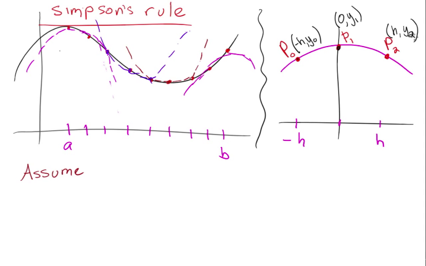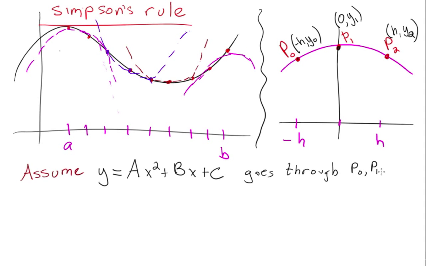And we're trying to find the parabola. And what's the equation of a parabola in general form? Okay, ax squared plus bx plus c. So assume this function goes through P0, P1, and P2.